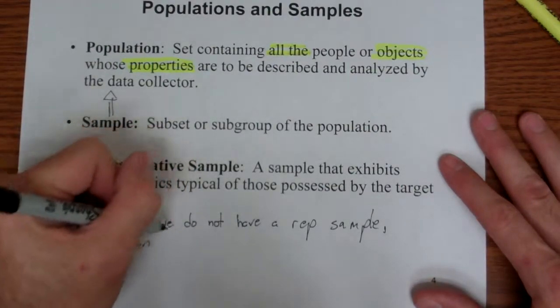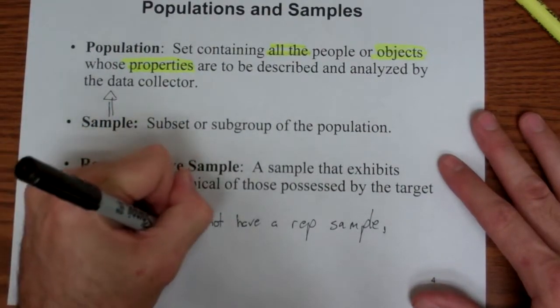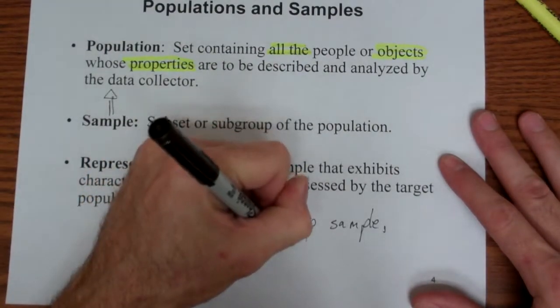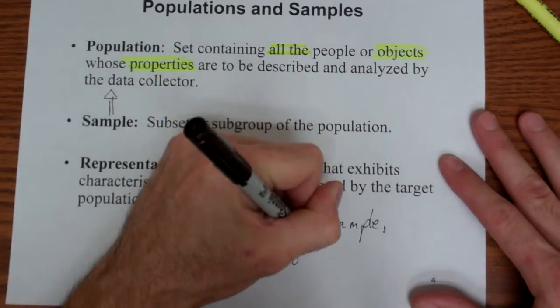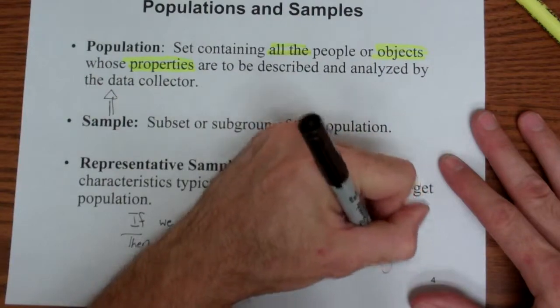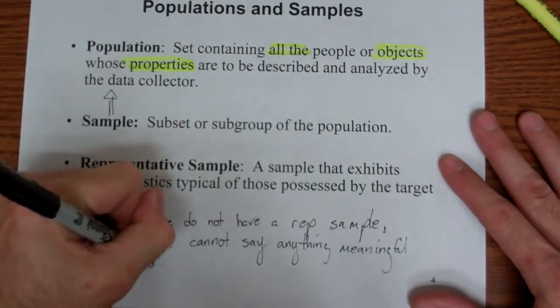If we do not have a representative sample, then we cannot say anything meaningful about the population.